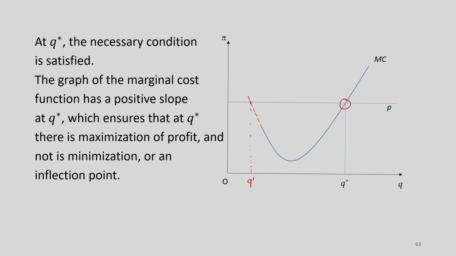So, q dashed will not give me a point of maximization of profit, whereas q star is the point where profit will be maximized.